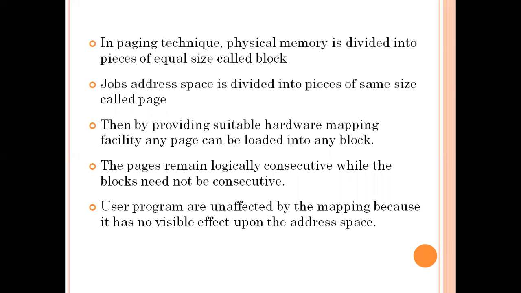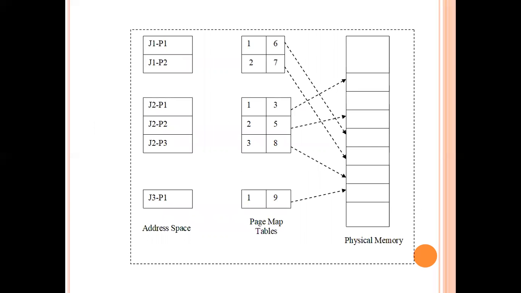Even if you keep different pages in different places of the memory, it does not cause any problem for the user, because whenever a job has to be executed, the processor fetches the first page by looking at the particular block, then fetches the second page by looking again in the memory. Then it brings all the pages together. That is not visible to the user. But physically, the job is not continuous. This is how it happens.